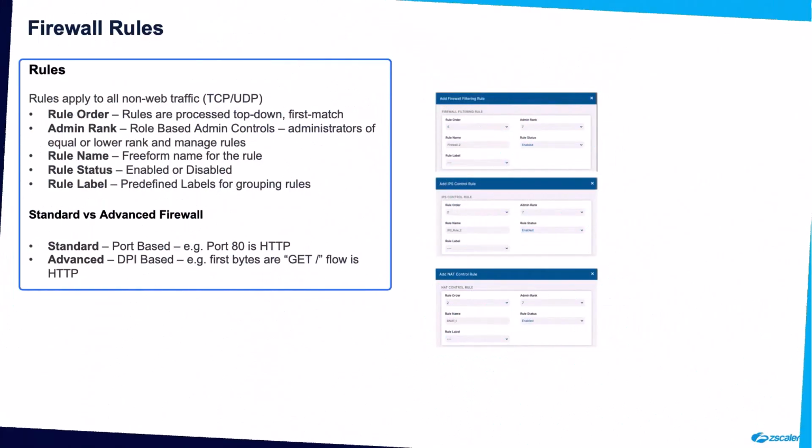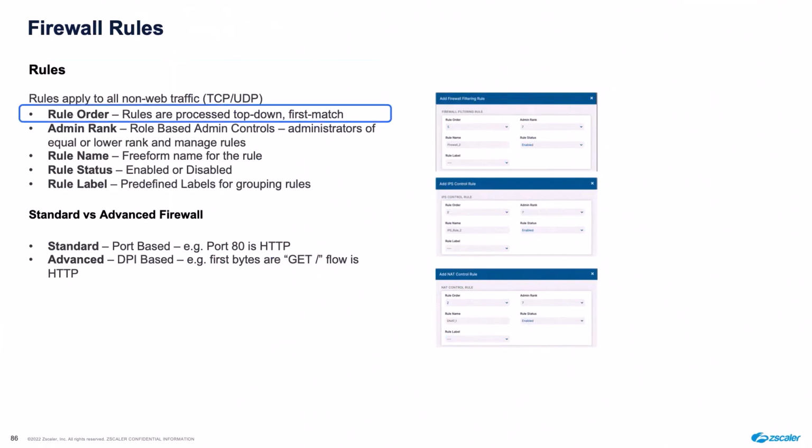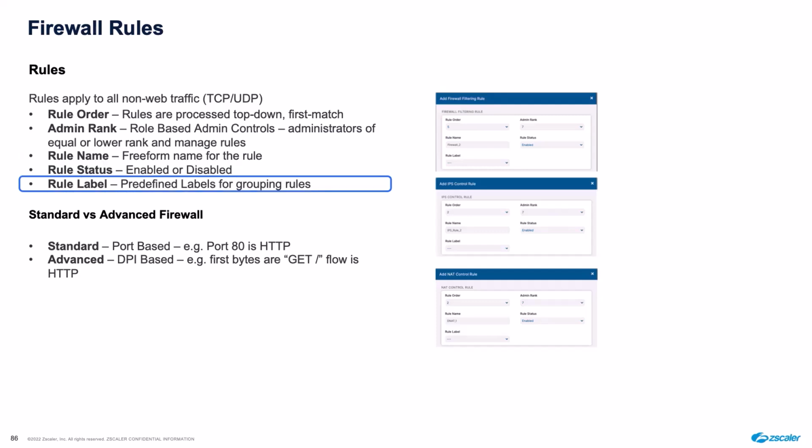Firewall rules, similar to web proxy rules, have the same rule order, top down first match, the admin rank, which administrators are able to administer this rule. So administrators of equal or lower rank can manage the same rules. The rule name, the free-form name for the rule, again, enabled or disabled, and the rule label is those predefined labels for those rules.